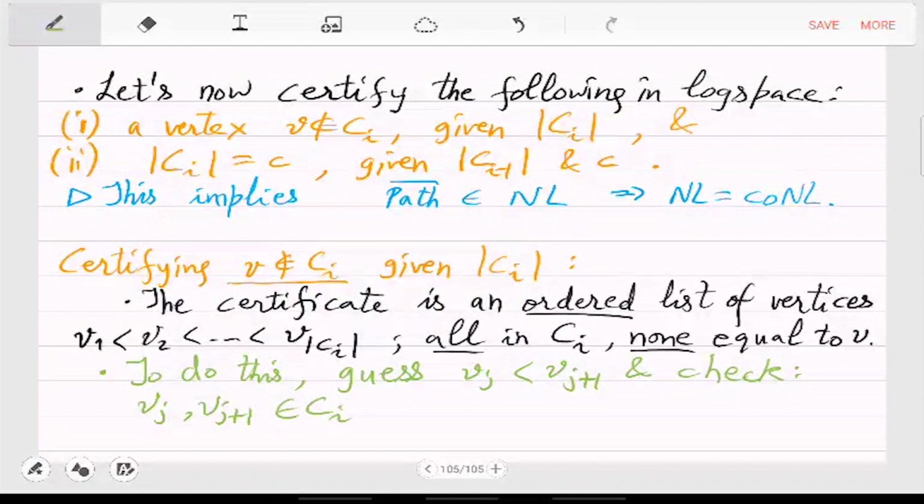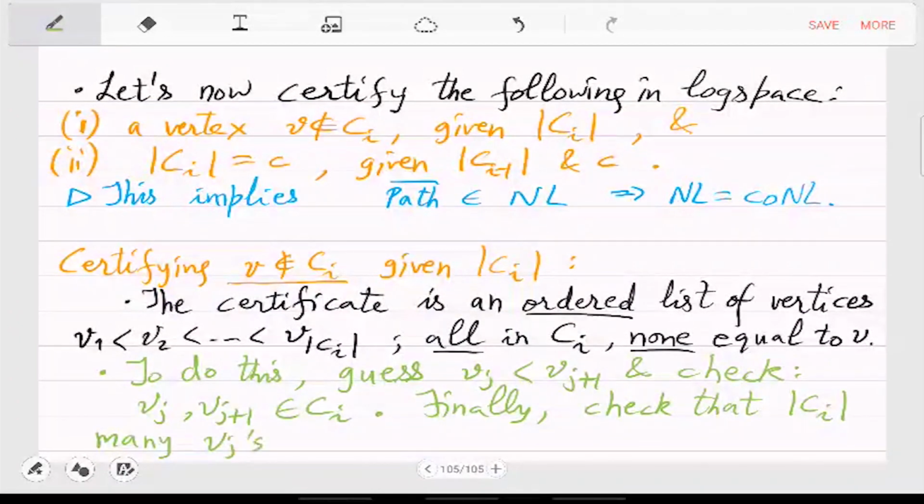Right, that was discussed before. Any vertex can be verified to be in Ci, right? That is by the path problem in NL. So check whether both of them are in Ci, and then finally check that Ci many Vj's were correctly guessed.